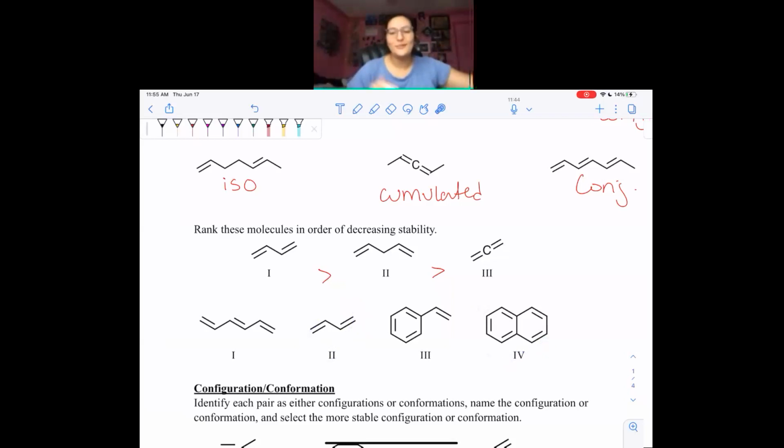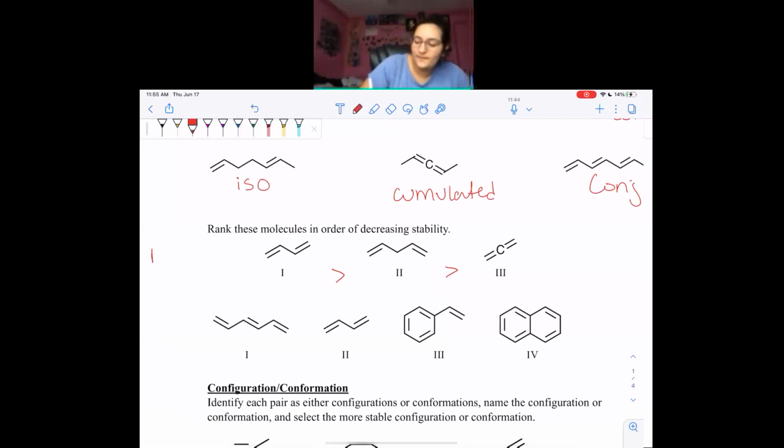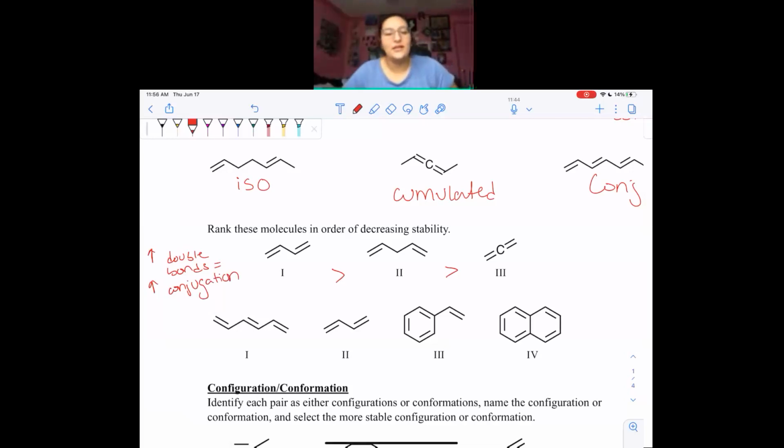The number of double bonds, exactly. So the more double bonds we have, I'll write that in the corner, more double bonds equals more conjugation. Another way of saying that is the level of conjugation is higher.